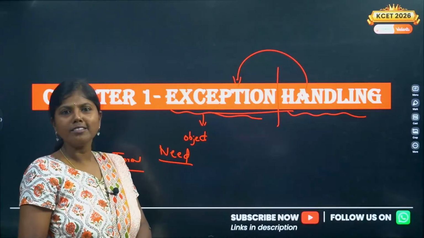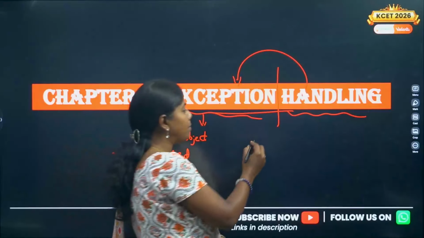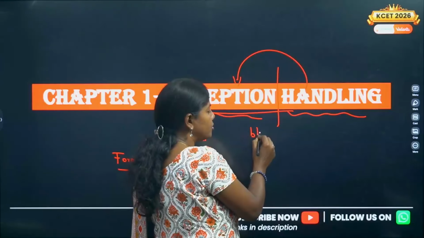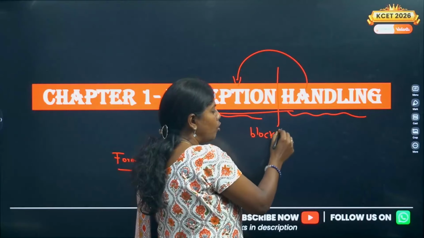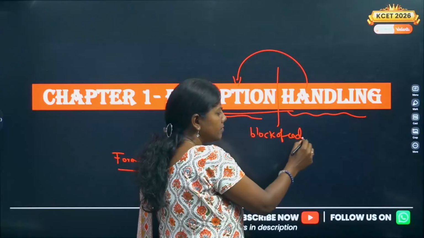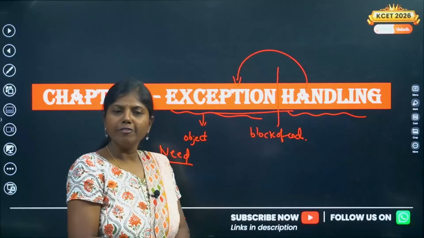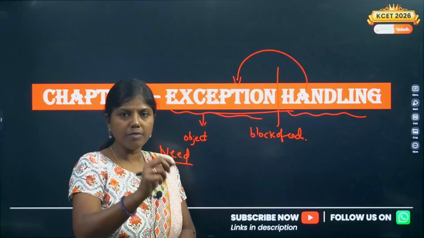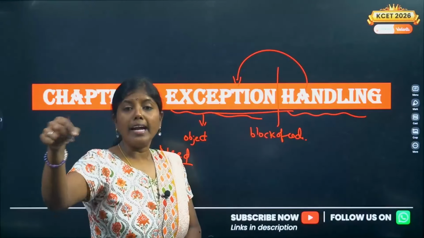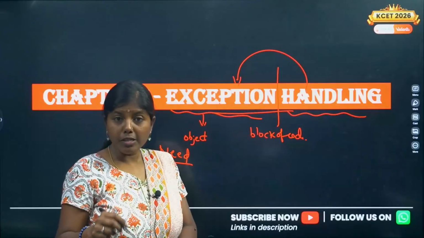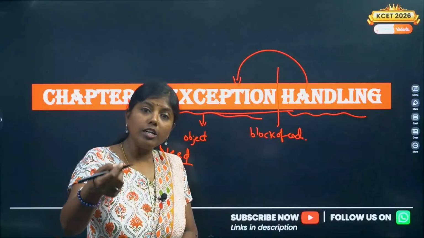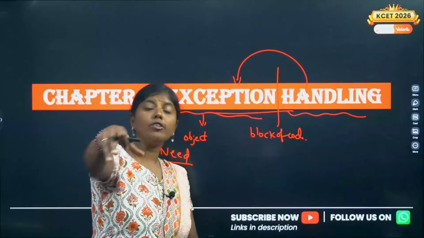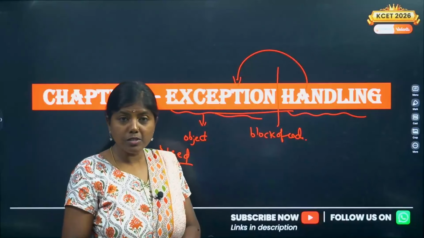Then how do we do it? Basically by adding a block of code, we can handle the exception very easily. Then we have to say somewhere that this is where I'm handling the exception. That means the interpreter needs to understand that this is code related to exception handling. So we need certain keywords.